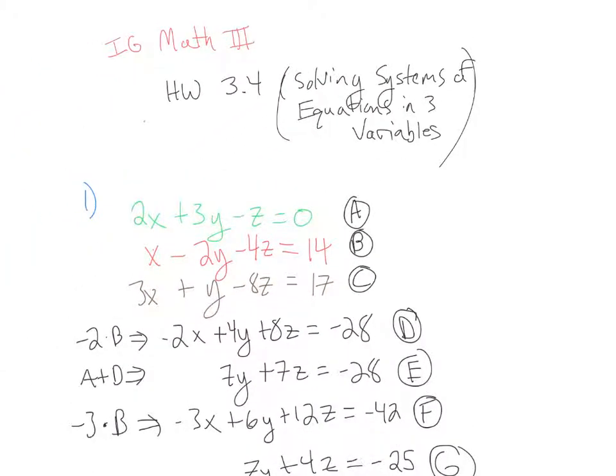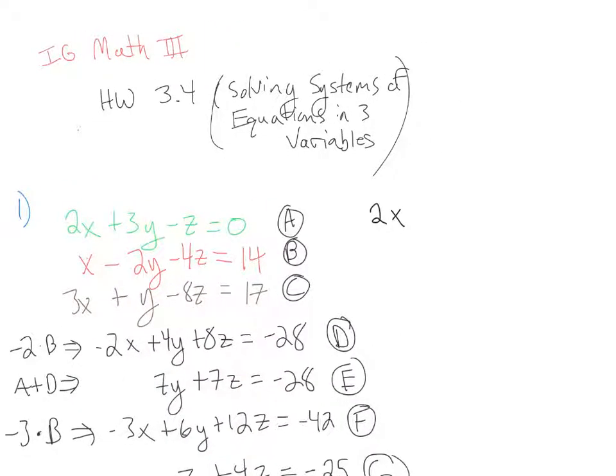Okay, so using equation A, we're just going to have 2x, we don't know x yet, plus 3 times our y, which is negative 3, minus our z, which is negative 1, and that is equal to 0.